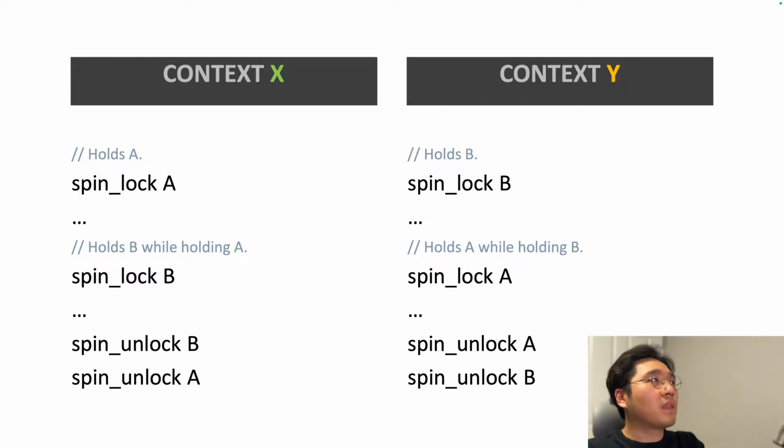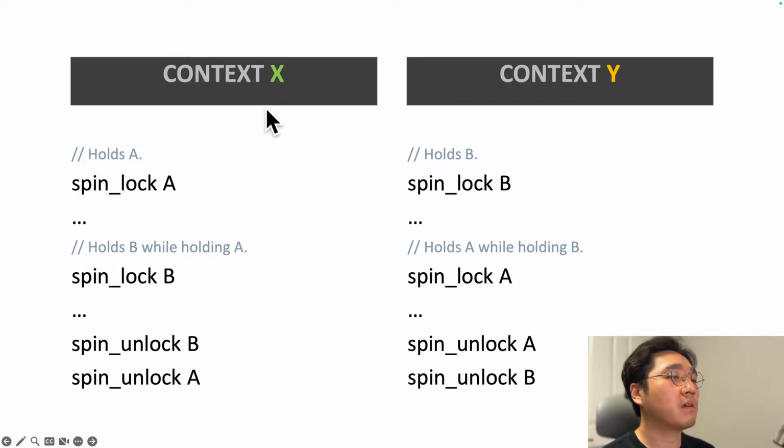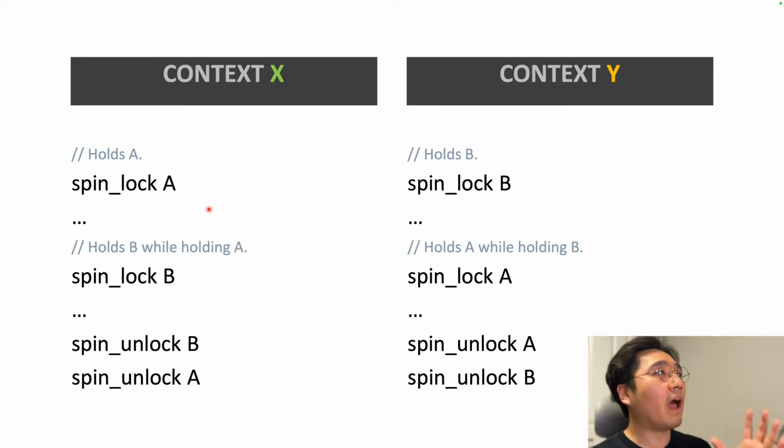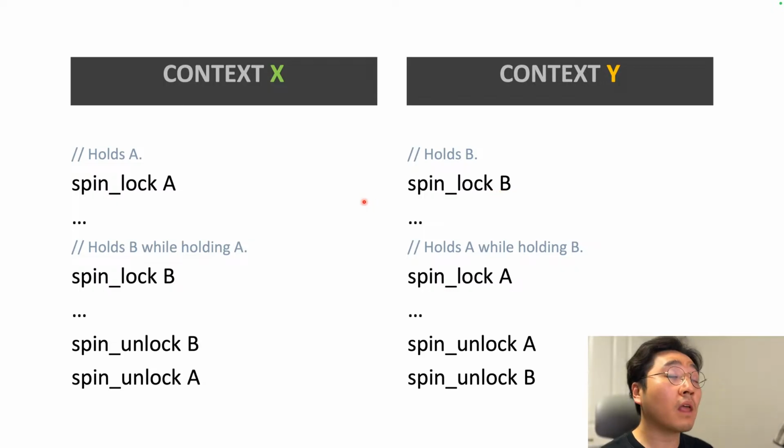Right, we can see two contexts here, X and Y. Lock A is held in this code, and lock B is held in this code, right? And the contexts proceed.